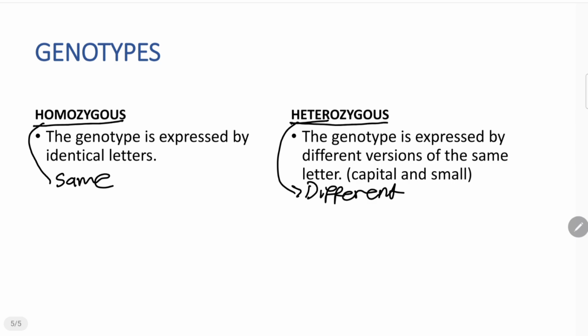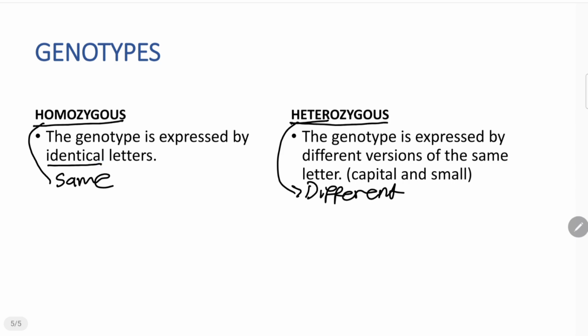But remember, homozygous and heterozygous simply describe the state of the genotype. So if we're saying that a genotype is homozygous, it is made of identical alleles, which we represent as letters.